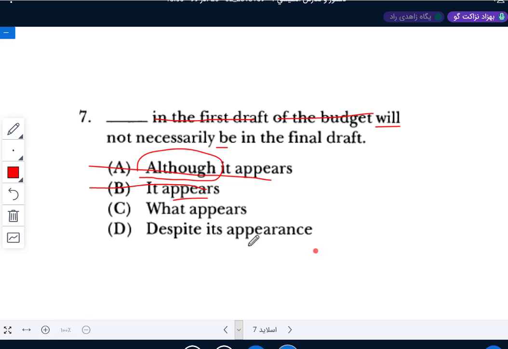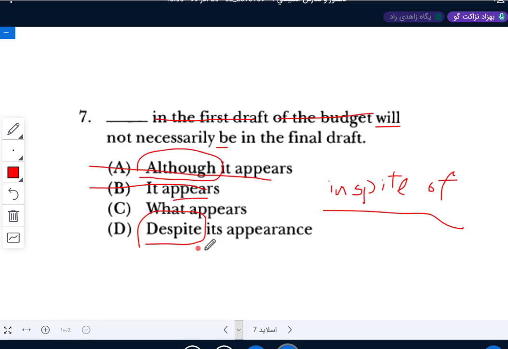If I choose choice D, despite is a preposition. Despite and in spite of are both prepositions and they show contrast.